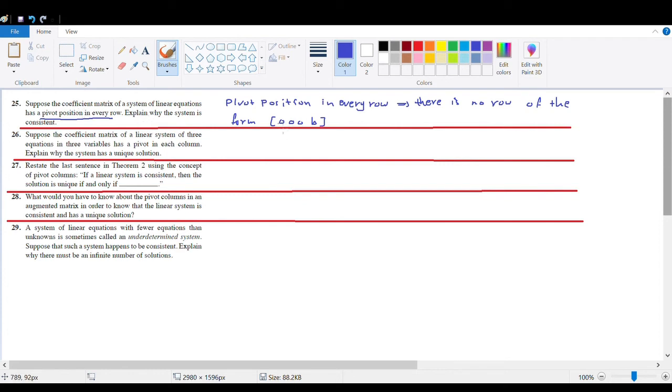So that means there is no row of the form 0, 0, B. That means our system should be consistent. So the system is consistent.